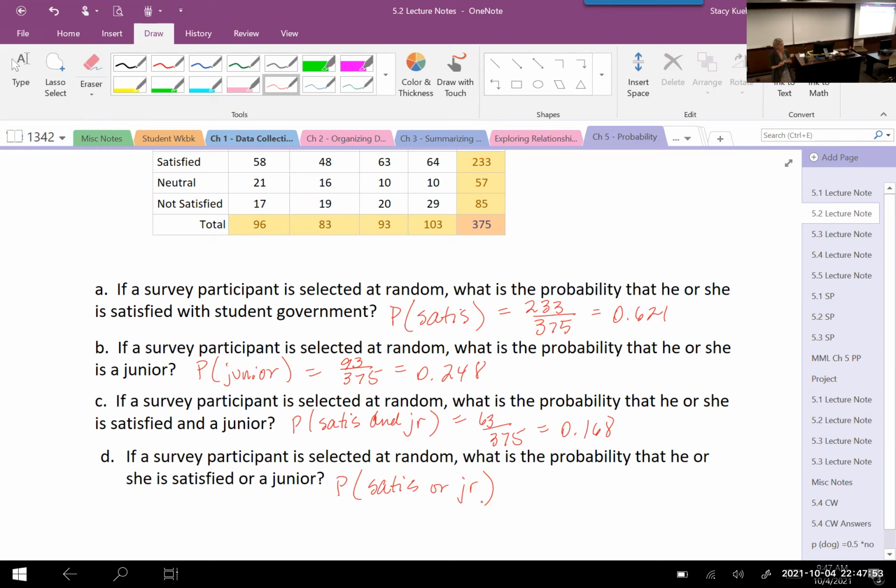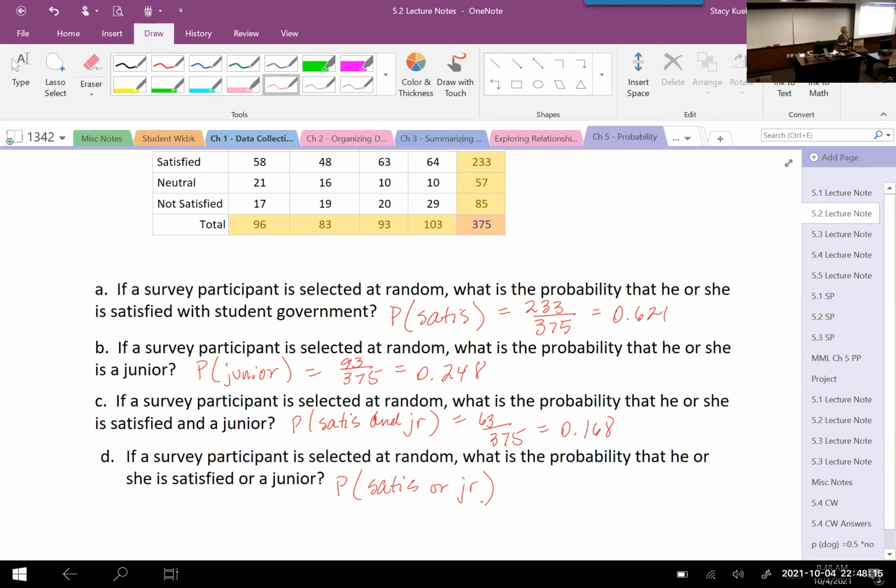Do they overlap? Yes, we just saw they did, because you can be a junior and you can be satisfied. So they are not disjoint, not mutually exclusive, because they can overlap.